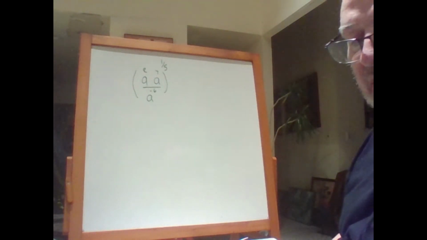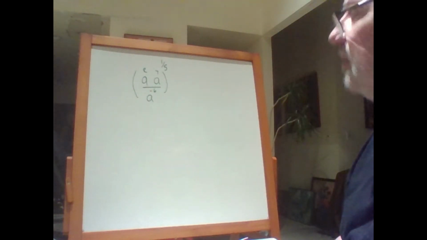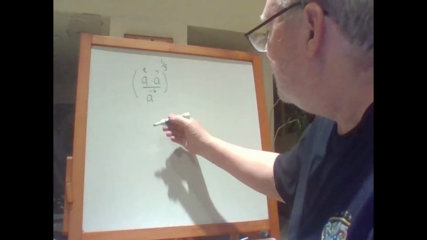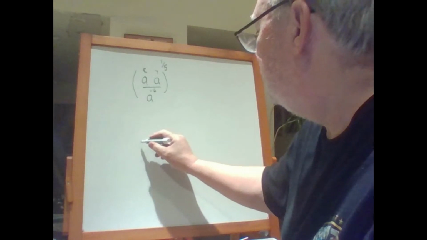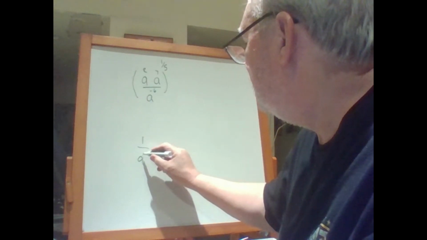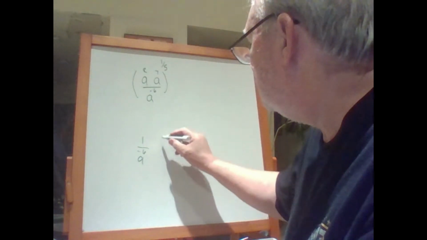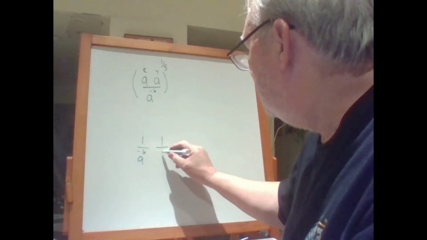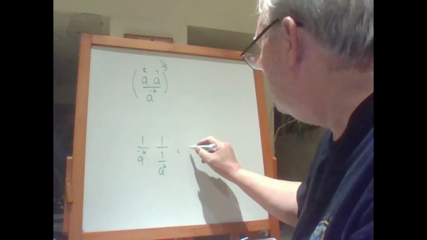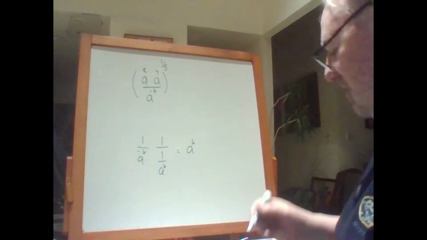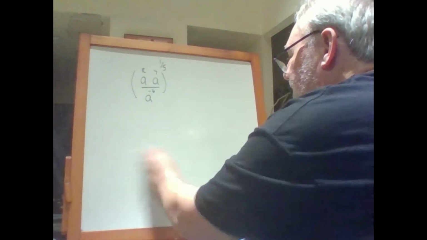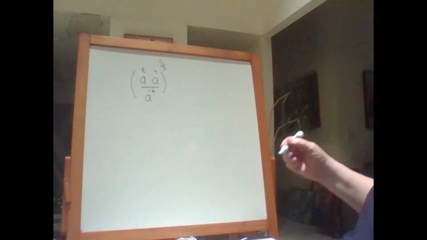The problem is to reduce this into the simplest form. Well, this is basically 1 over a to the minus 6, which is 1 over a to the 6, which is equal to a to the 6. So now we can put that in the numerator.